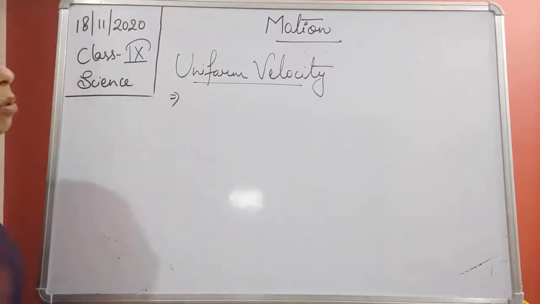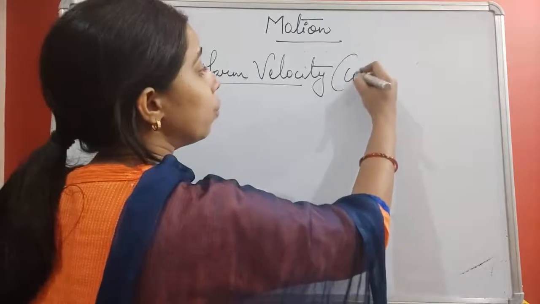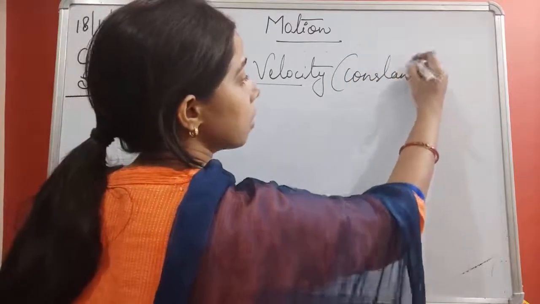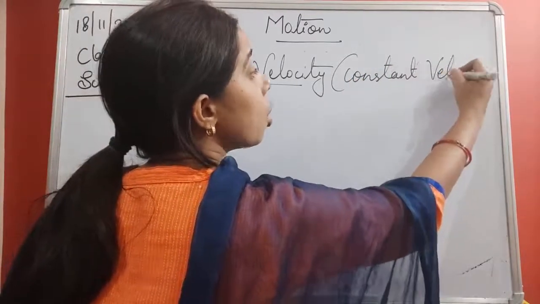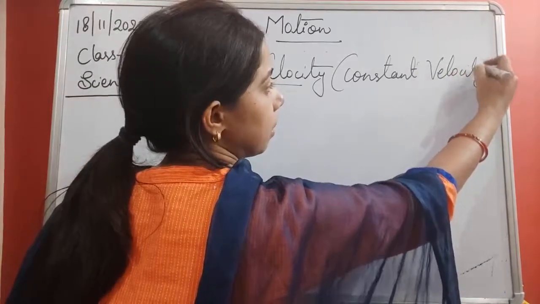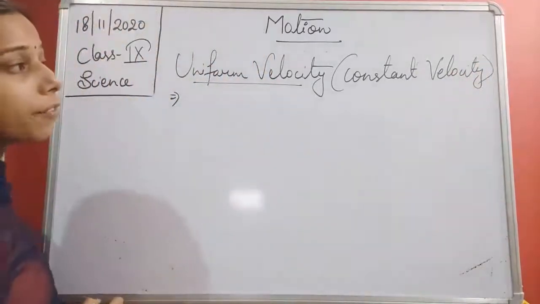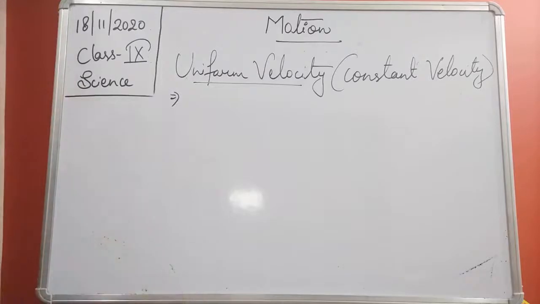Another term we can use for uniform velocity is constant velocity. What is the difference here?